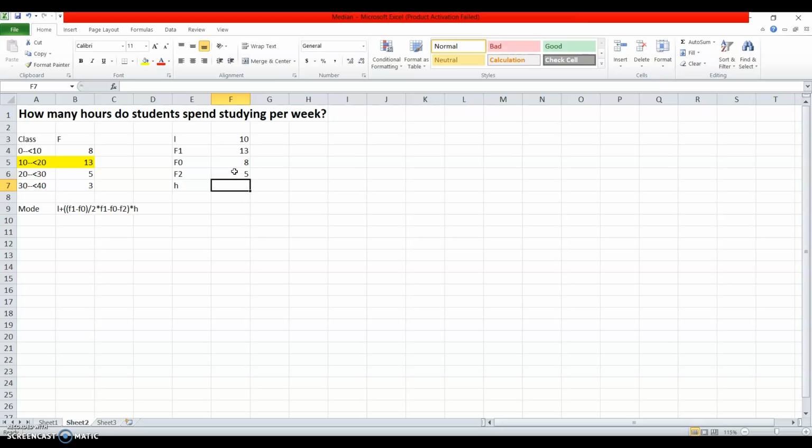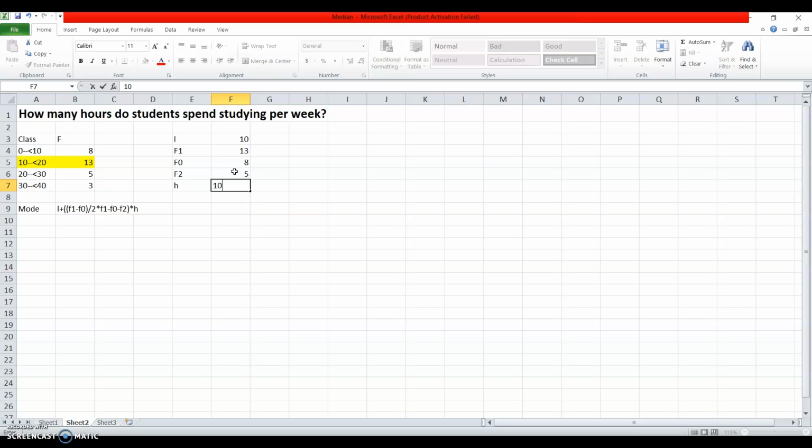And then we have H. H is the range of the modal class. So the range here is 20 minus 10, that gives us 10. So H, the range of the modal class is 10, and it is also equal to the range of every class in this case.